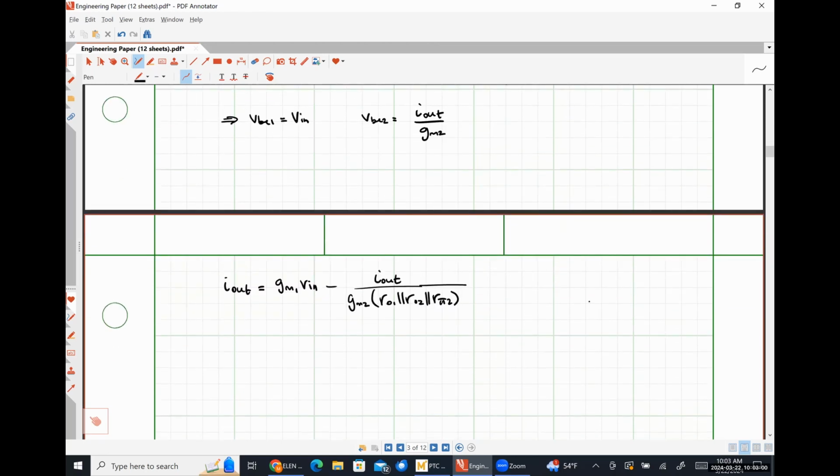And then I can move that I out term to the other side.